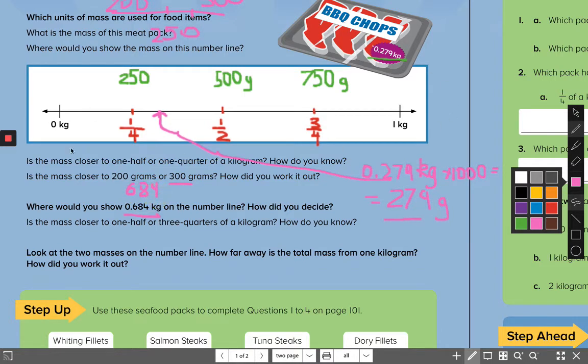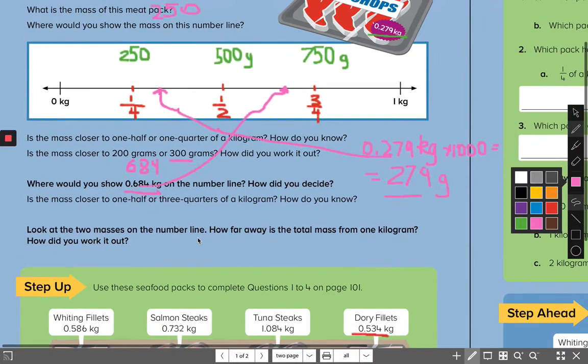And because we've done our little work here earlier, we can say that 500 is here, 750 is here, so 684, we'll say, might go somewhere there. We're not precise, we're just saying that it's going to be closer to 750 rather than to 500.